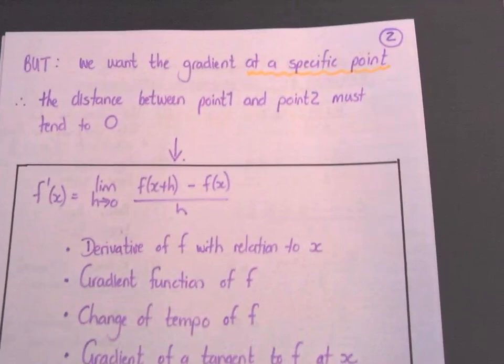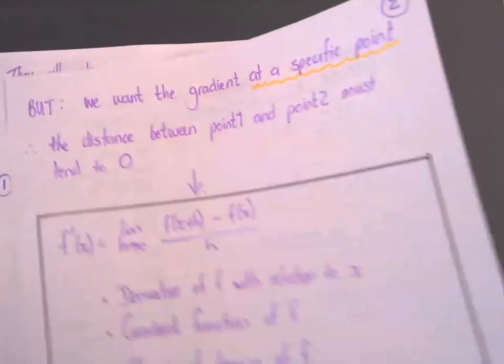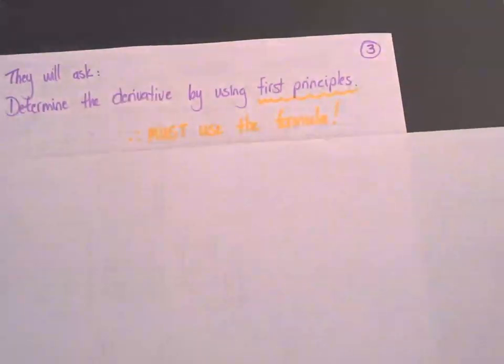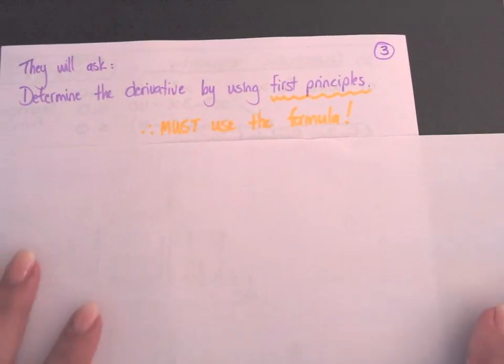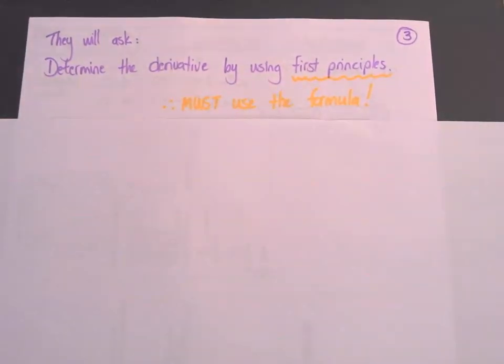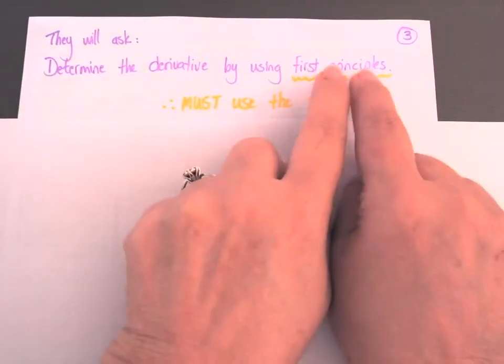Now let's look at an example. They will ask you if you need to use this formula: determine the derivative or determine the gradient of a certain function by using the first principles.